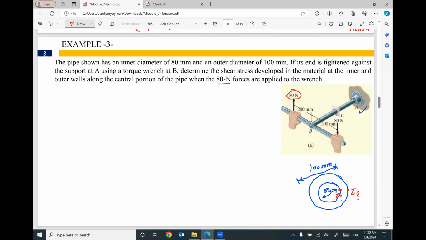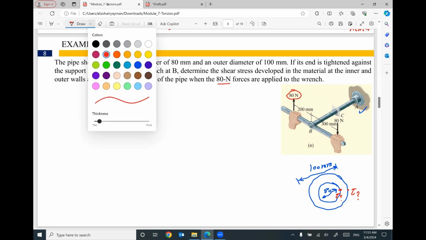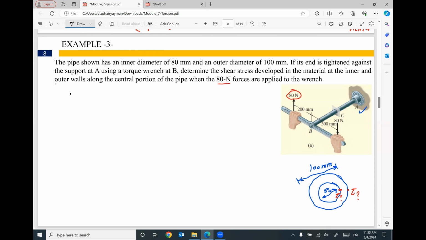So first step, the value of J for this cross section equals pi divided by 32, the outer diameter 100 to power 4 minus the inner diameter 80 to power 4. This is how to figure out the polar moment of inertia.